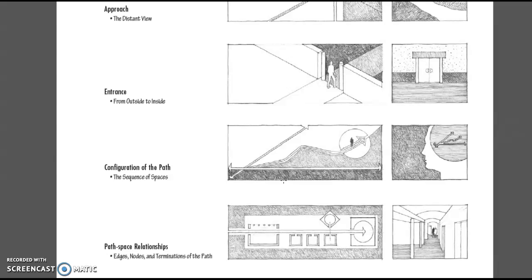But I am experiencing the spaces. Corridor is a space, staircase is a different space, atrium is a different space. In order to reach the mess, I am experiencing the different spaces through the path. So that is the path-space relationship. That means you are drawing certain experience with these spaces through the path which you are taking, right?